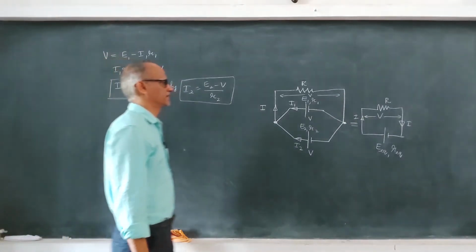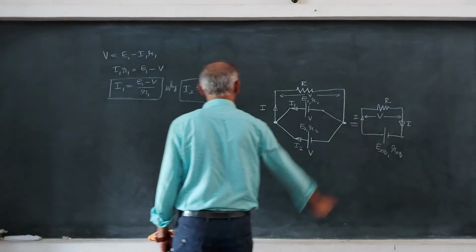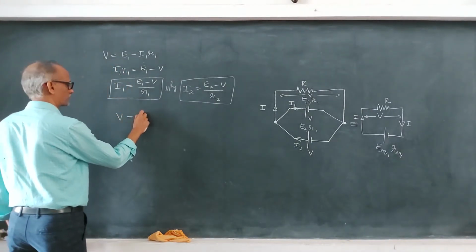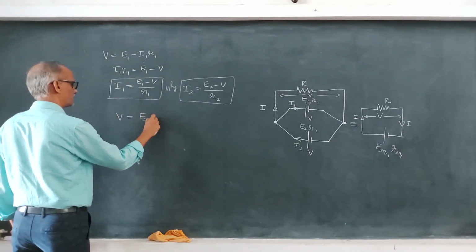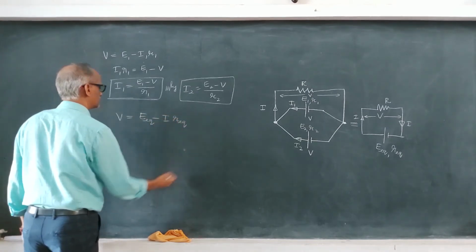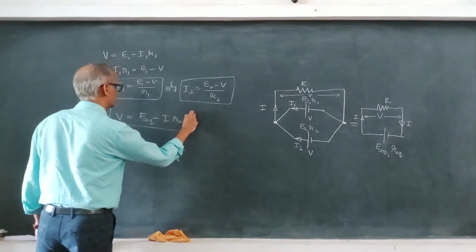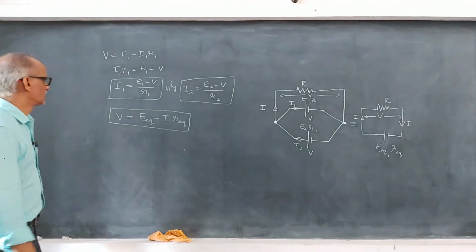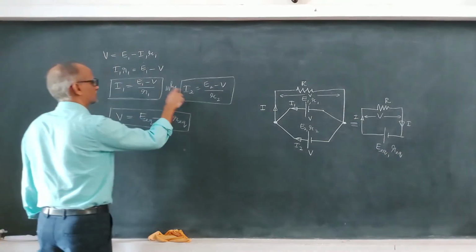Now refer to the equivalent circuit, where we have V is equal to E equivalent minus I into R equivalent. So these are branch currents.